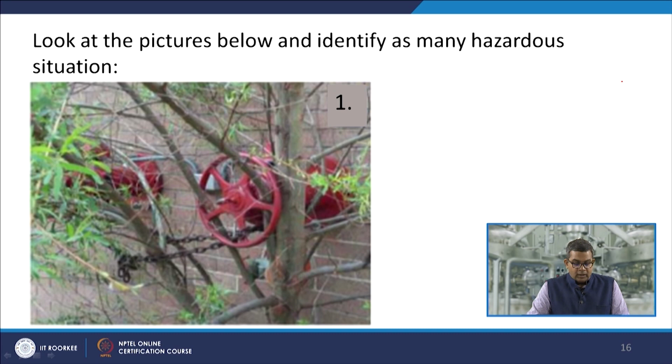The general housekeeping of the trees has deteriorated, and trees are left to grow to the extent that they prevent access to a critical piece of equipment. So, this is an extremely hazardous scenario. Once it is required to use this valve, then probably it may not be in a position to operate.